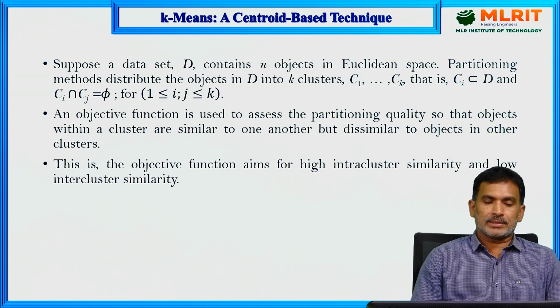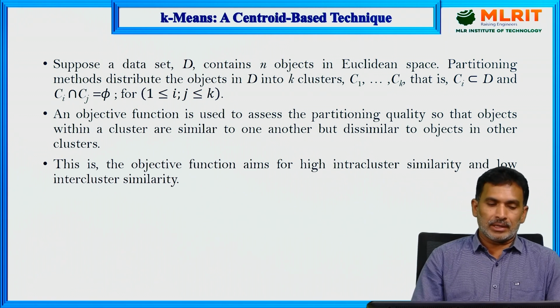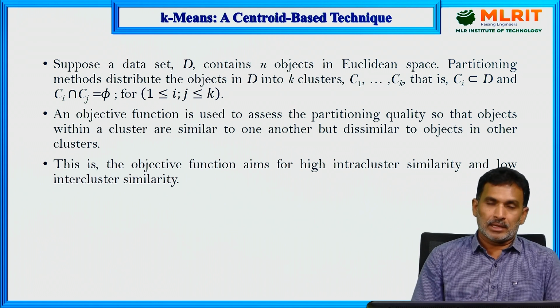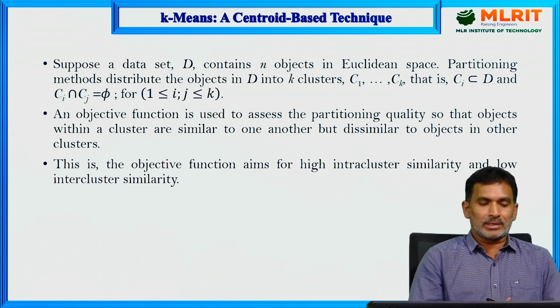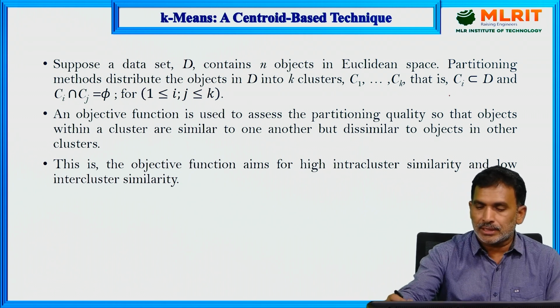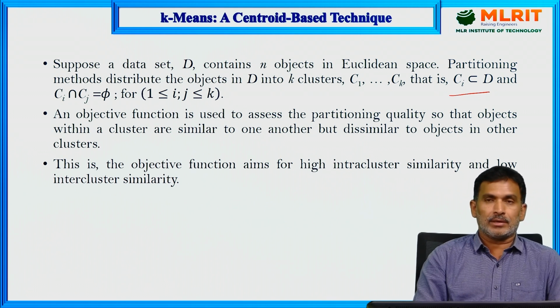Suppose a data set D contains n objects in Euclidean space. Partitioning methods distribute the objects in D into k clusters, say C1, C2, and so on up to Ck. Each cluster Ci is a subset of D, and Ci intersection Cj equals the empty set.